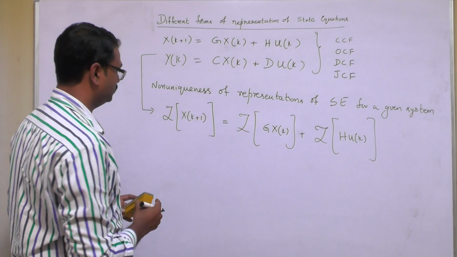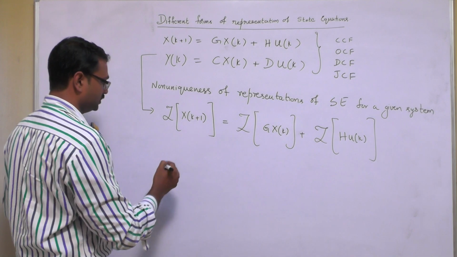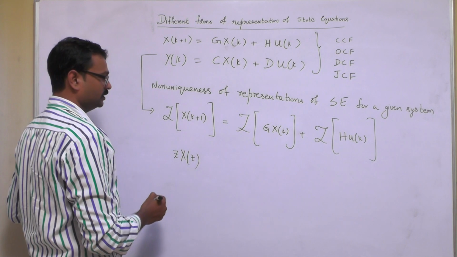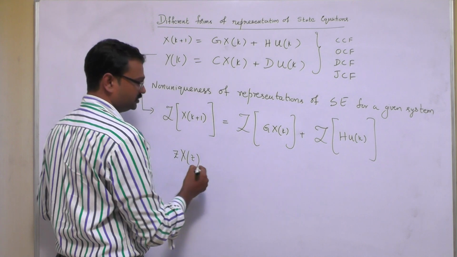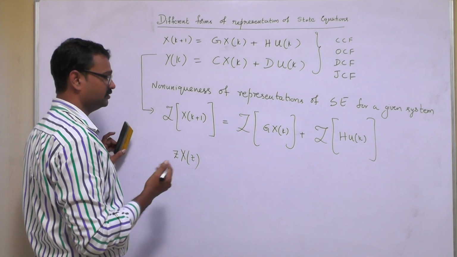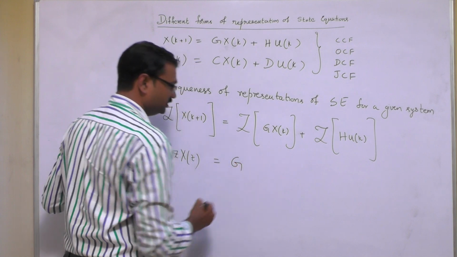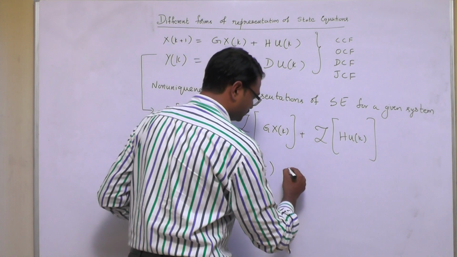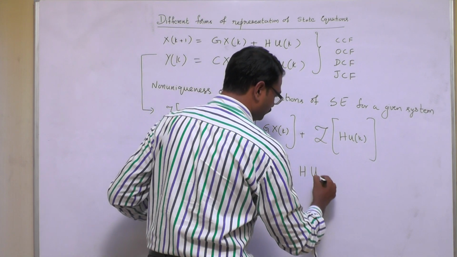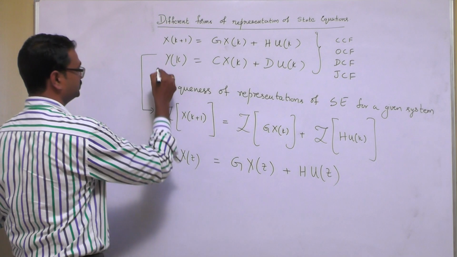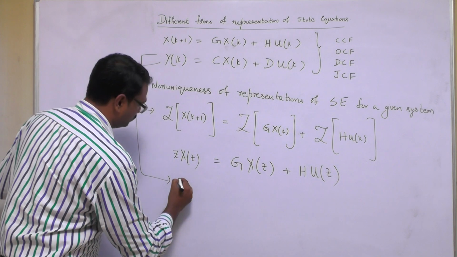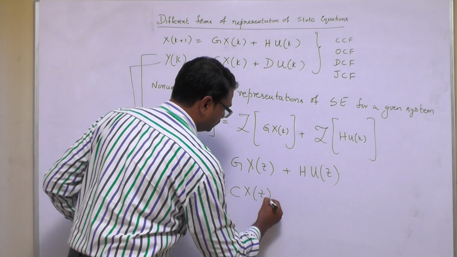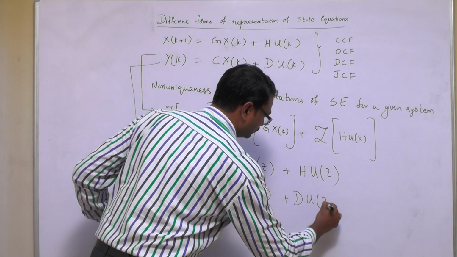So Z transform of x of k plus 1 will give us Z into x of z minus z into x of 0. Let us say for instance we are considering x of 0 as 0, and G is the system matrix, which is a constant, Z into x of z plus H into U of z. Similarly, when you are applying Z transforms to this, you will get y of z is equal to C into x of z plus D into U of z.